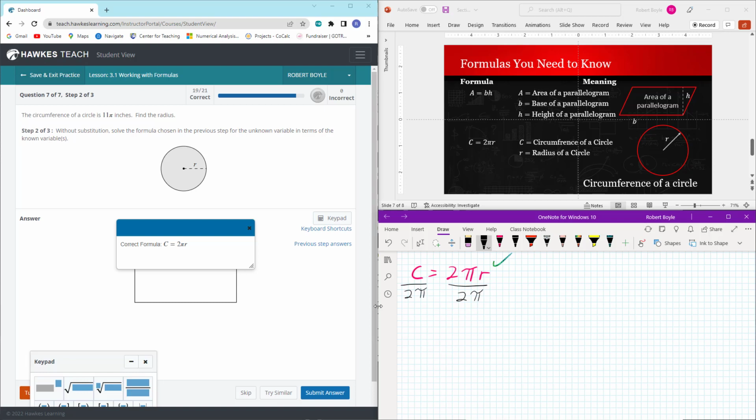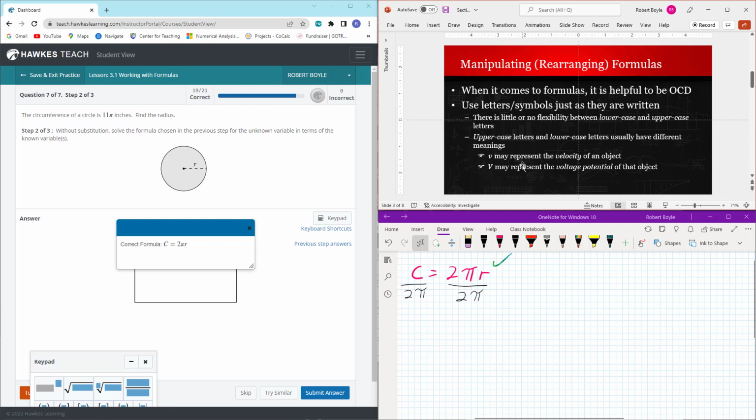Okay, now we can multiply or divide vertically. And remember that when you're dealing with formulas, sometimes you just have to use the symbols and letters just as they're written, which basically means there's really nothing else that you can do here. So we are going to have c divided by 2 pi. Now here these cancel and these cancel because they will both be 1, and that will be equal to r. And that is our answer.